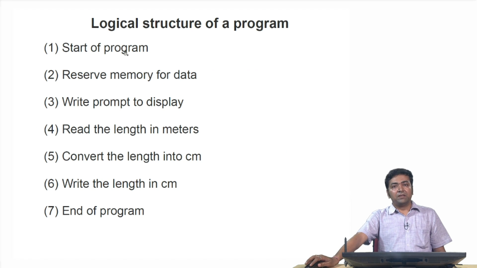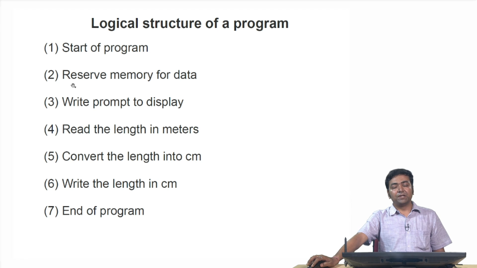In this slide I have the logical structure of a Fortran program. The first thing is that in the program you have to mention to the compiler, in your input file, where the program starts from, and also where the program ends. Once you have done this, in between you need to do steps 2 to 6.